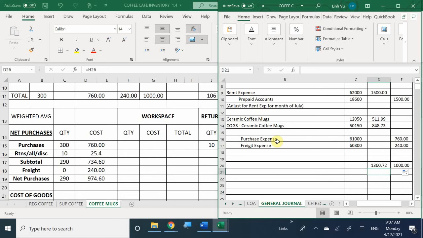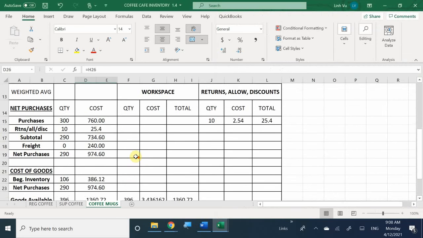Beginning balance. We need to recognize that we had a beginning inventory. So again, ceramic coffee mugs, 1250. How much did I start out with? What was my beginning balance?